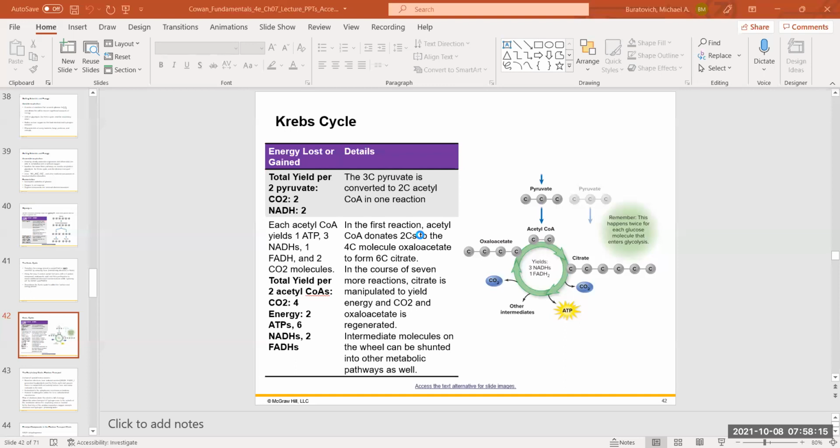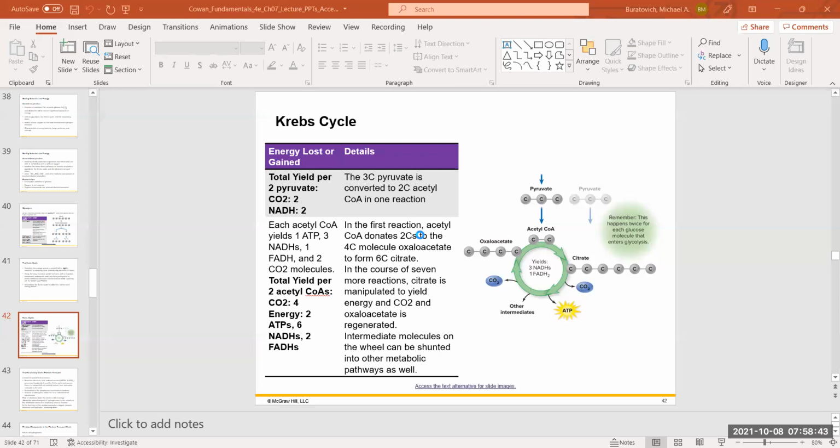In the process, you produce 2 molecules of carbon dioxide. You produce 3 molecules of NADH per acetyl coenzyme A. You produce 1 reduced flavine, and you produce 1 GTP, but energetically that's equal to an ATP.